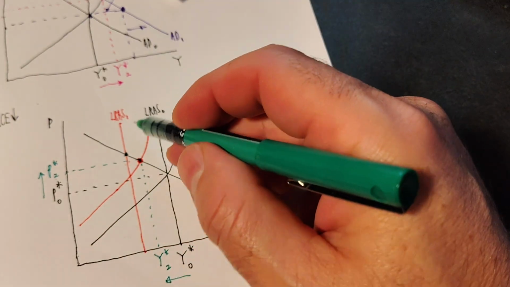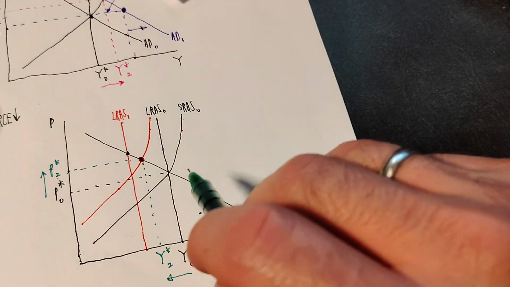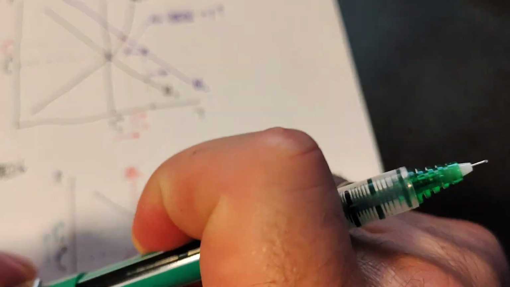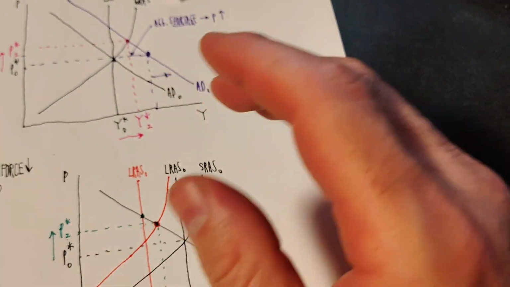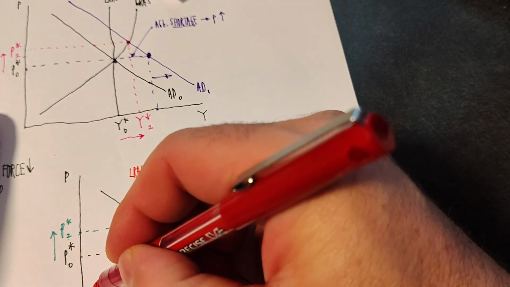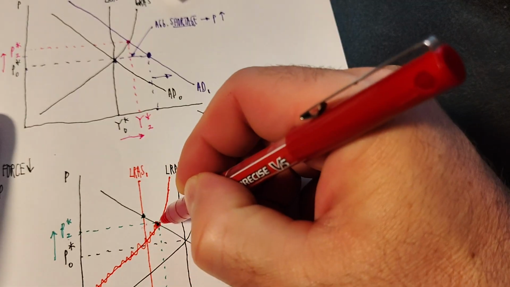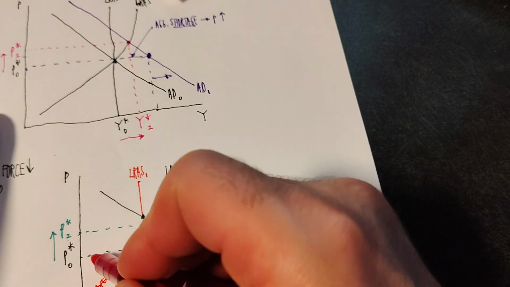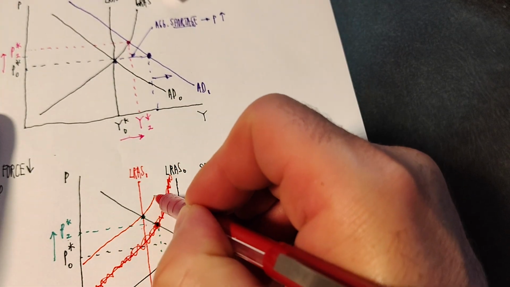I should have shifted that short-run aggregate supply curve a little too far. In fact, let's just make the change here. This will be a little bit messy, but I think you all know what I'm trying to do here. So ignore that, and we'll put it up here like that.